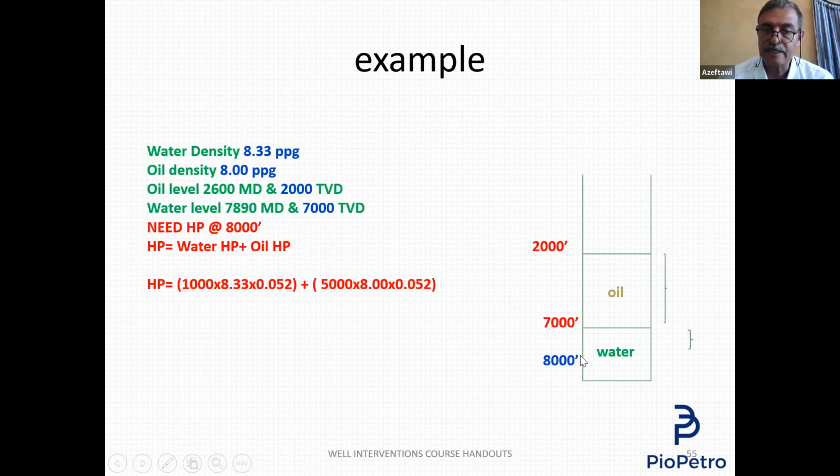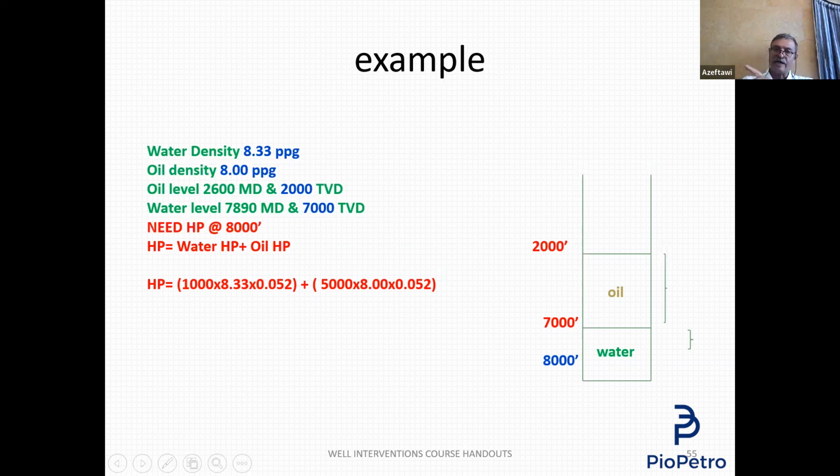This is the 8,000 feet. If I'm sitting here, I have to see what's above me. What's above me is actually 1,000 feet of water. Then I have to calculate the hydrostatic head pressure of 1,000 feet of water. Then I have oil. The oil level here is 7,000, but this is not the figure I'm using, because the oil is filling only this part, from 2,000 to 7,000.